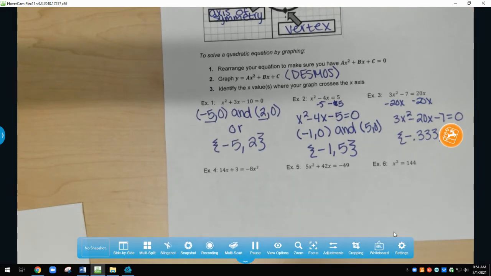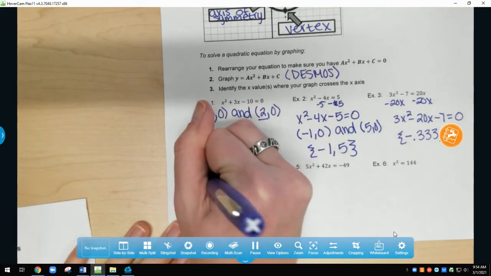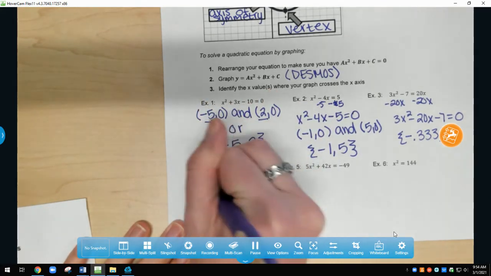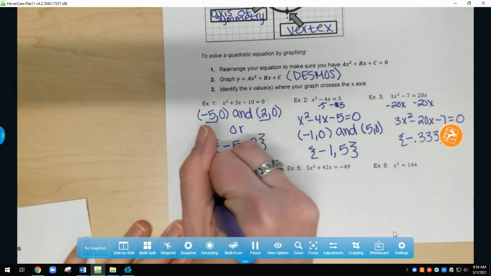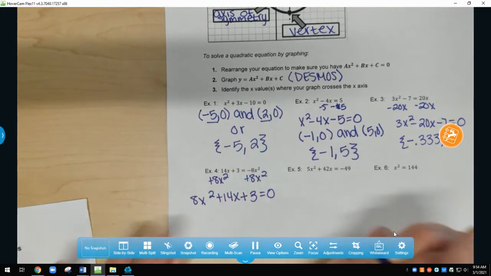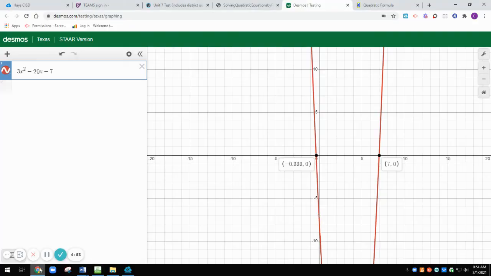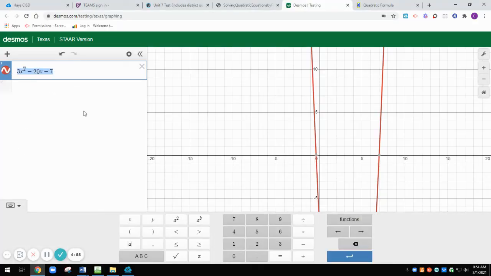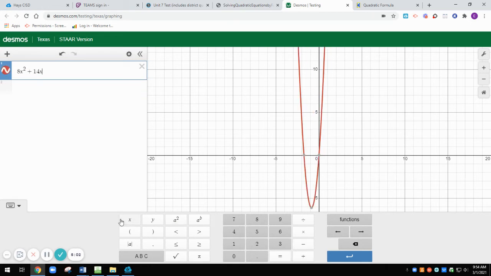Okay, number 4, we need to subtract to get everything on one side. So I'm going to have 8x squared plus 14x plus 3 equal to 0. I'm going to put that in Desmos. 8x squared plus 14x plus 3.